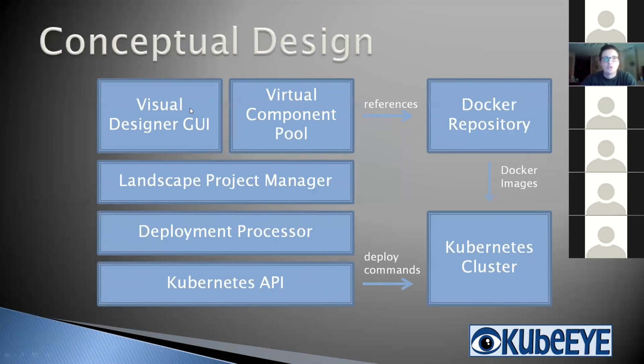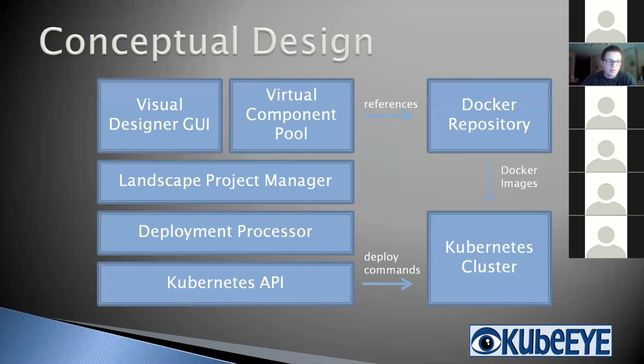Basically, the people who use the visual designer then drag and drop their virtual components into the diagram. We have a collaboration layer called the Landscape Project Manager, where many people can work together on a diagram. It's also responsible for persisting the landscape information.